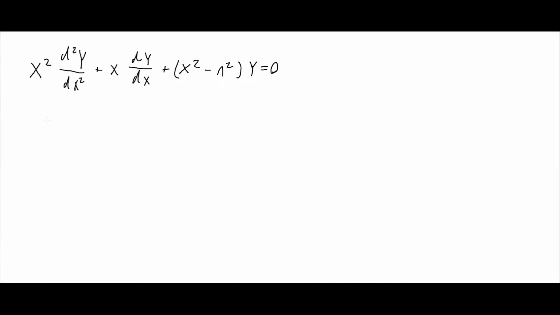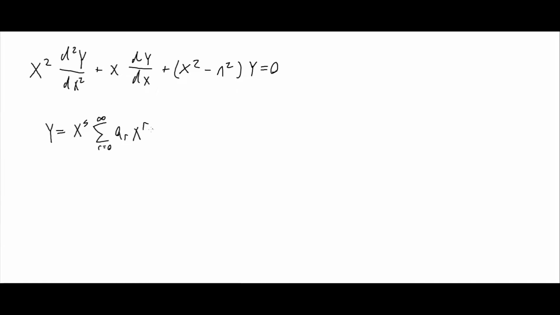All right, so we have Bessel's equation here, and we know that we're going to have a solution of the form y equals x to the s times the summation of r equals 0 to infinity of a sub r x to the r.